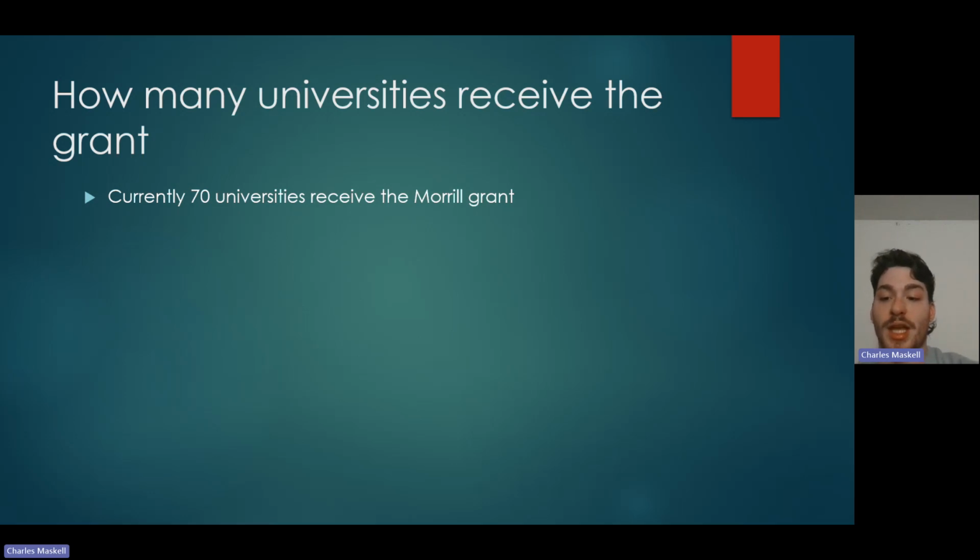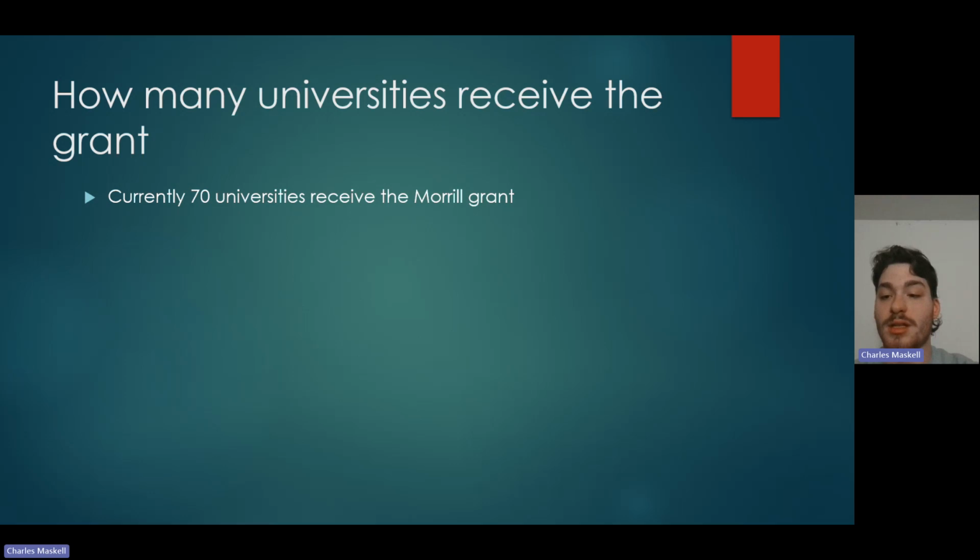Over the years, it has changed. Certain universities received it and got it taken away because they weren't deemed to have been using the money specifically for agricultural mechanical needs. Not anything illegal or malicious, just that the USDA, who is in charge of land grant acts, thought it would be better used other places.